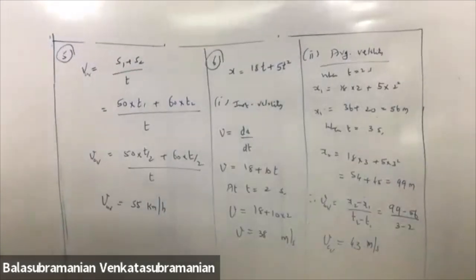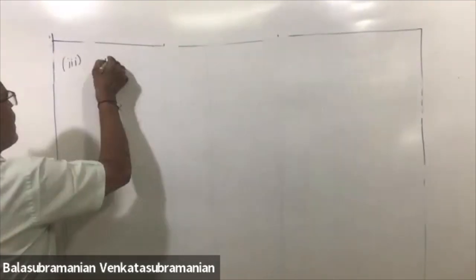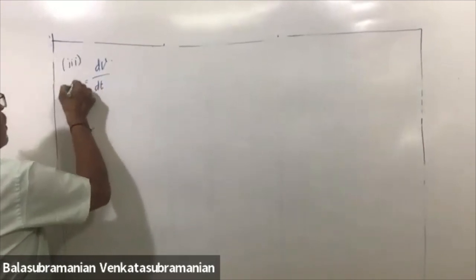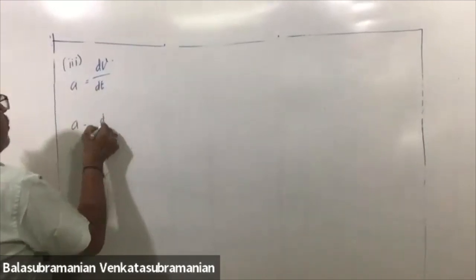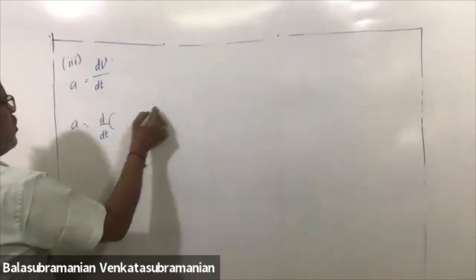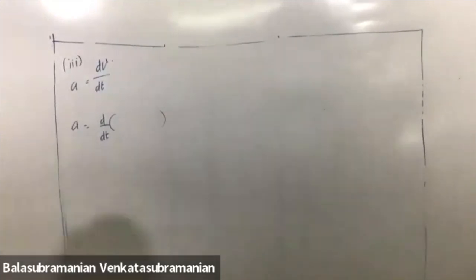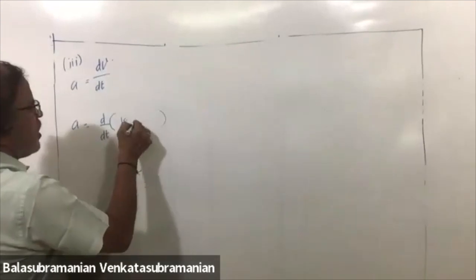Third, calculate the acceleration. Acceleration is rate of change of velocity. d by dt of what velocity we have calculated? We have calculated velocity as 18 plus 10t.